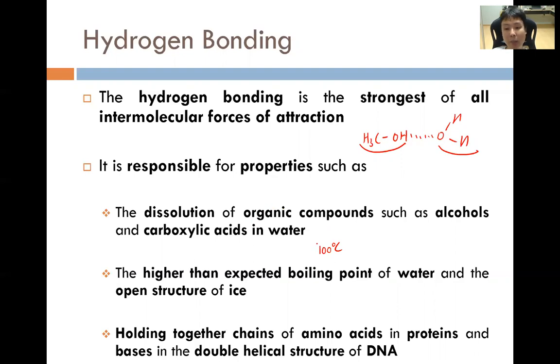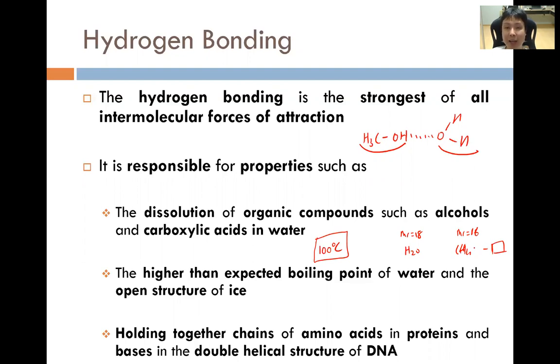And the reason that it can happen is because water exists as a liquid at room temperature. For example, water has an MR of 18. If you look at another molecule such as methane, CH4, the MR is actually 16. However, I'm not 100% sure of the boiling point of methane, but I think it will be minus something degrees Celsius, and it's going to be a gas at room temperature.